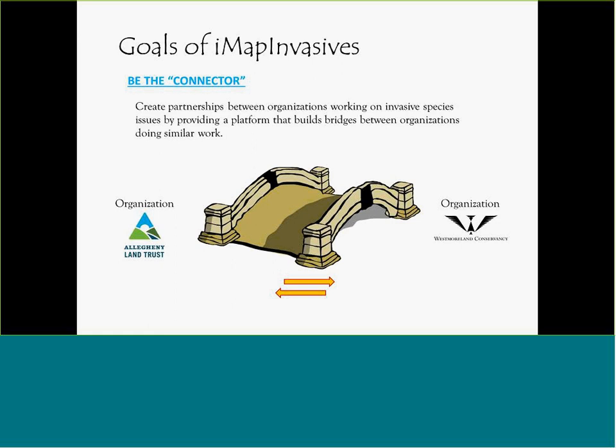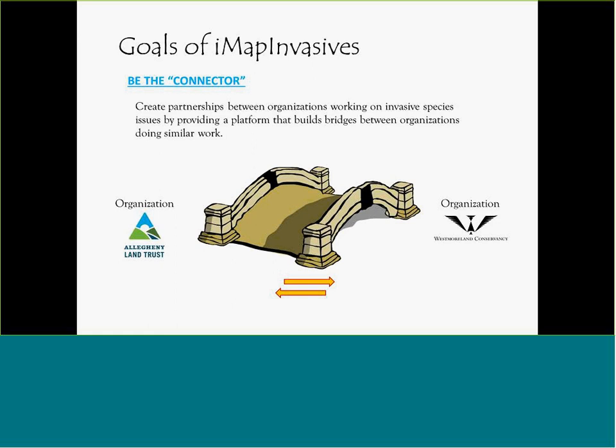So essentially, if you're a user from a particular organization and you log in and you're looking at a certain area and you see that someone else has already done work there, maybe they're also managing a species that you are interested in managing, that can be a partnership that you then get in touch with that organization about and say, hey, I saw that you are managing this species, maybe Japanese knotweed, for example, and I'm also interested in treating that species in this same area.